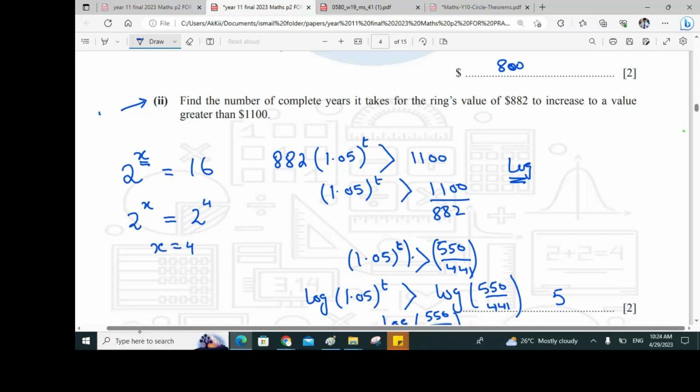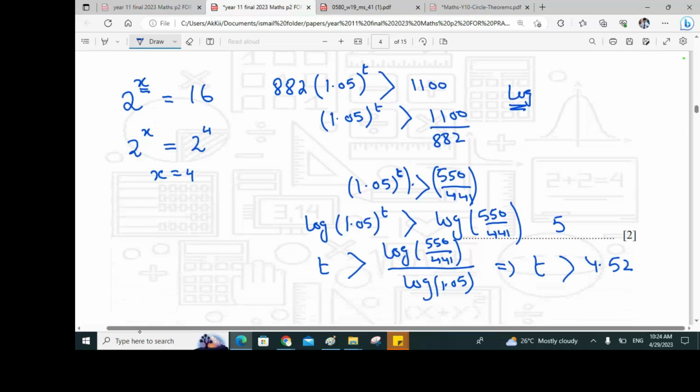Okay, but here if I have to make use of logarithm, I can use logarithms as well. How? I will take this question like this. I'll say that 2 to the power x is equal to 16. I'll simply take log on both sides, so it will be log of 2 to the power x is equal to log of 16. Okay, then what? This is 2 to the power x.